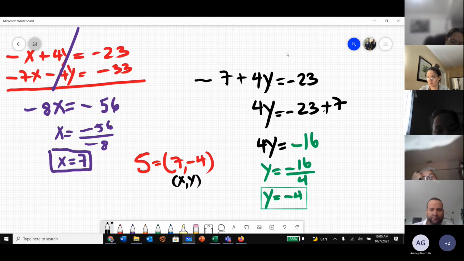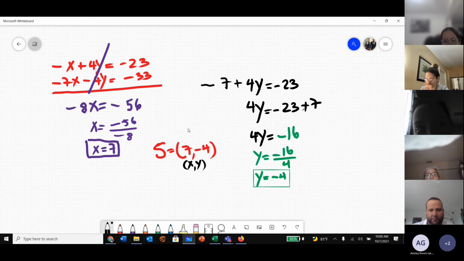Okay? I have a question. Yes. Professor, every time we try to figure out y, do we always take the second equation, the one on the bottom? No, you can take the first one, whatever equation, one of the originals. Because you see how for x you used both of the equations together, and then to figure out y you used the second one.